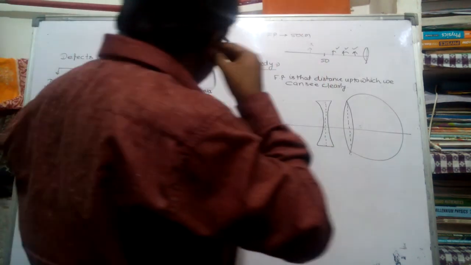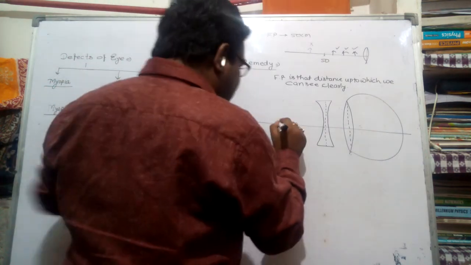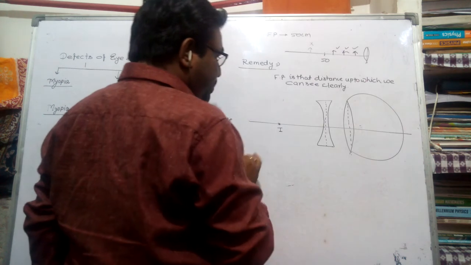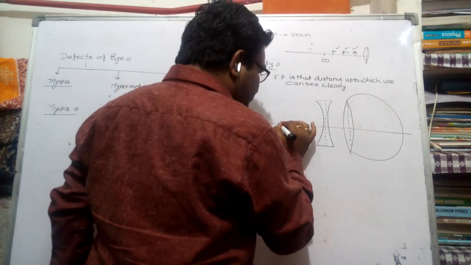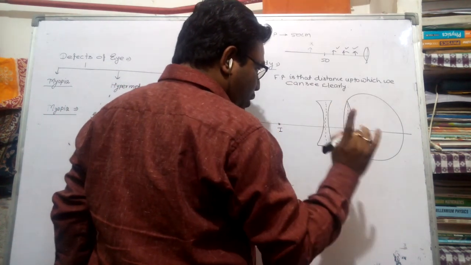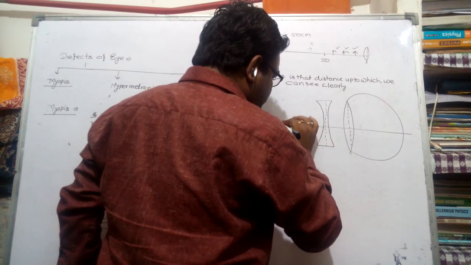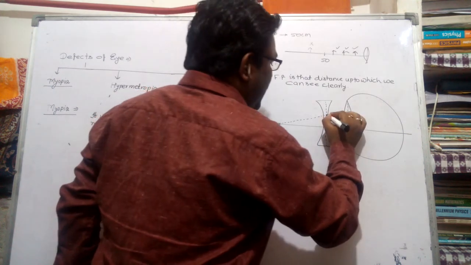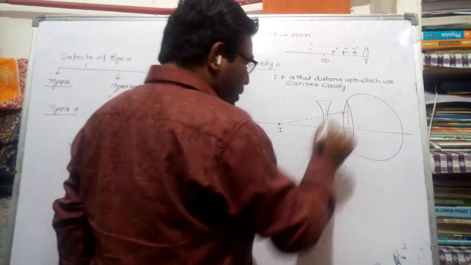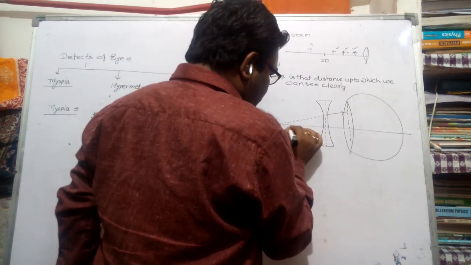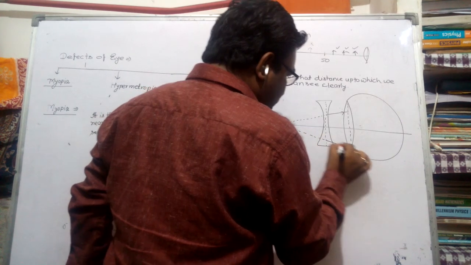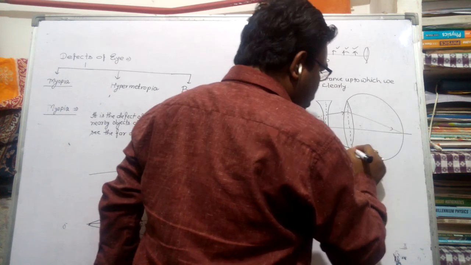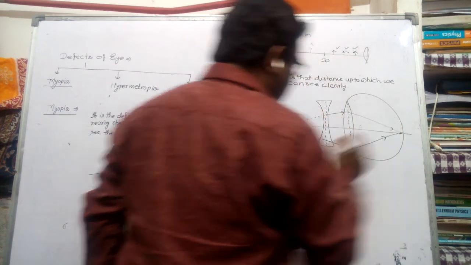So by the diagram, we can see this is the far point and here we want to see the image, that is the eye. So from this eye, draw two rays. Dot it and then with the help of a scale, a straight line. Again dot it and then a straight line. And join these two points to the retina here.